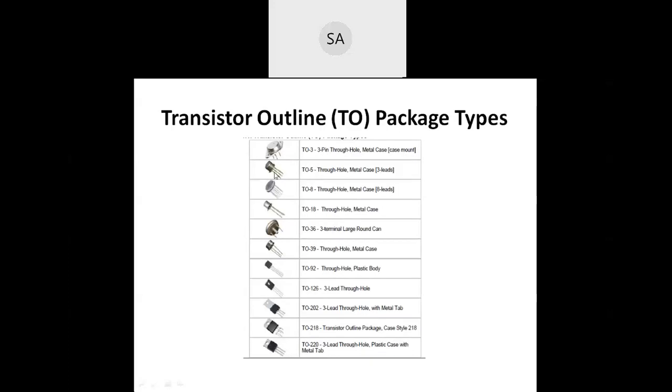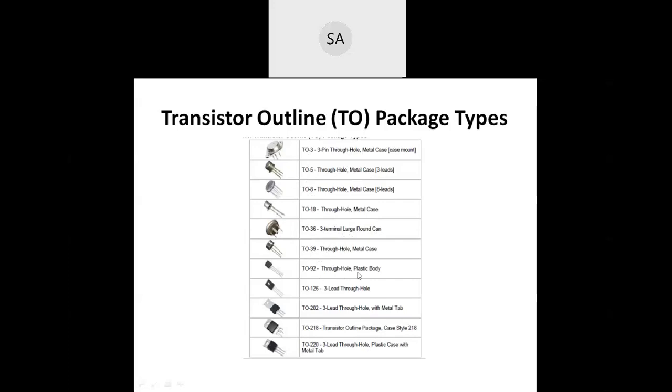So these are the types of transistors we have seen in the lab. TO5 through hole metal case 3 leads, and TO8 through hole metal case, also 3 leads, and TO36 3 terminal large round cap, which is really round in shape, and TO39 through hole metal case. So these are all TO, through hole.